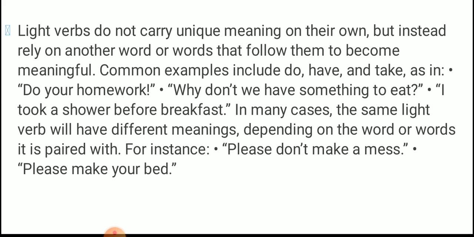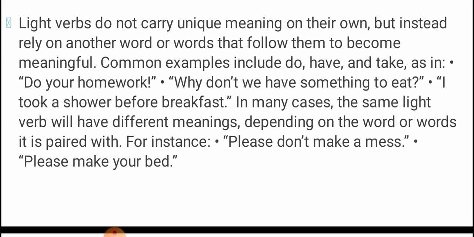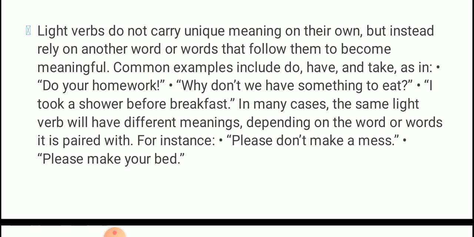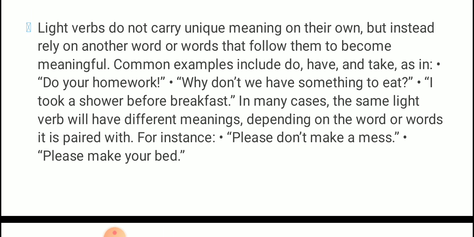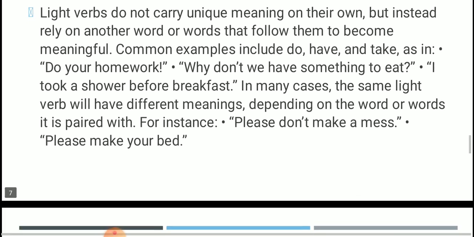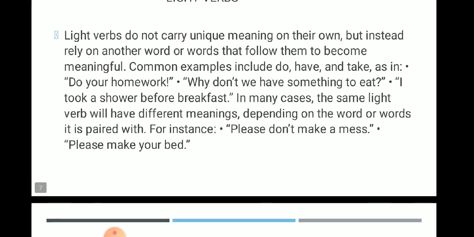For example, do your homework, or we can say take some tea. You can also say I took a shower. These are particular verbs used with particular slots and patterns, and you will have different meaning depending on the word or words it is paired with. For example, we can say please don't make a mess, or please make your bed.